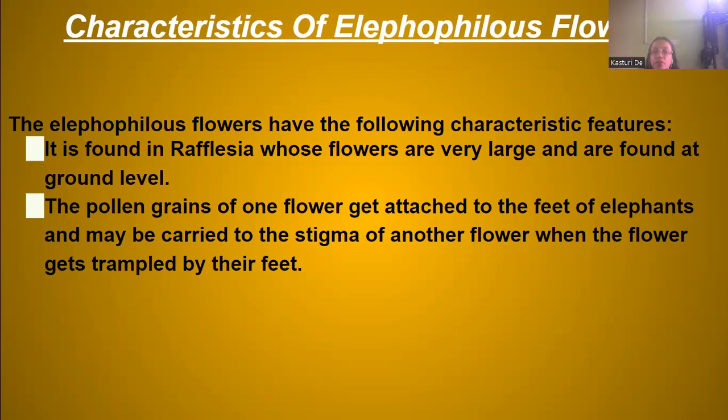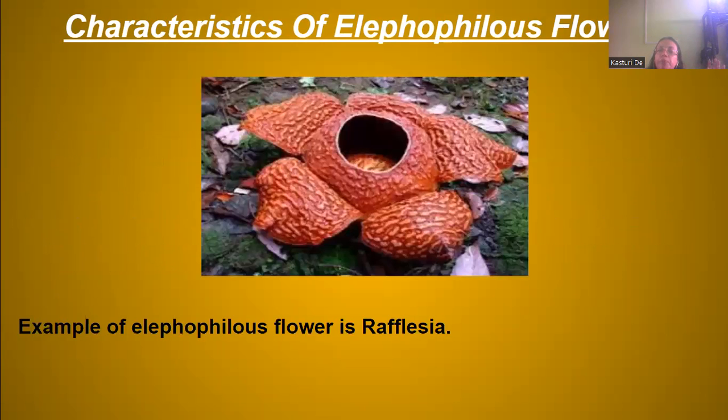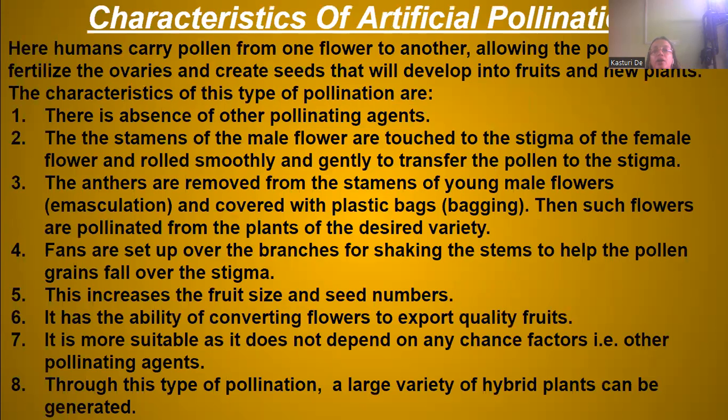When the elephant moves like this, it tramples one flower, the anthers get attached to its feet, and they are carried to another flower. When it stamps on that flower, it will be pollinated. This is the picture of the Rafflesia.